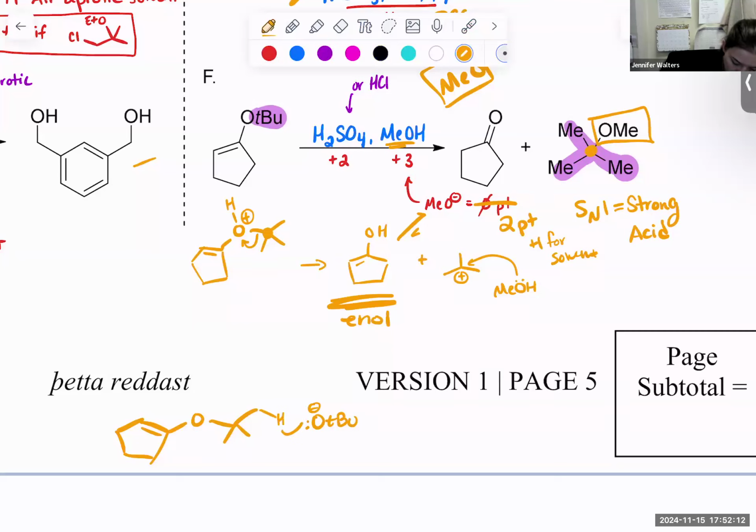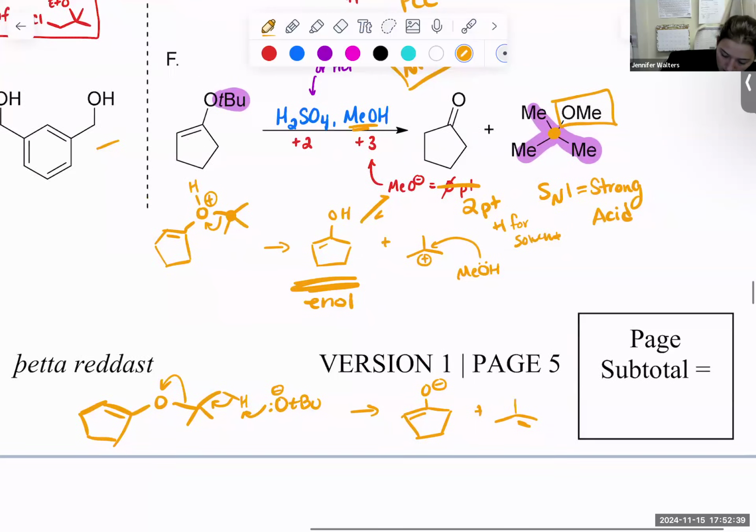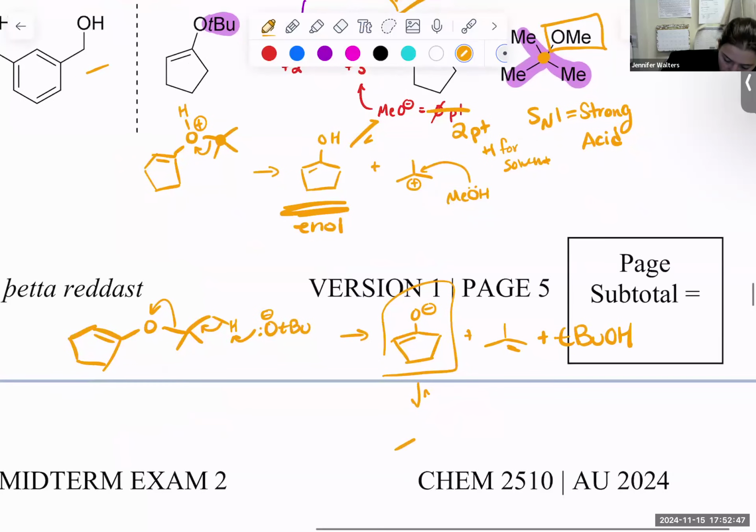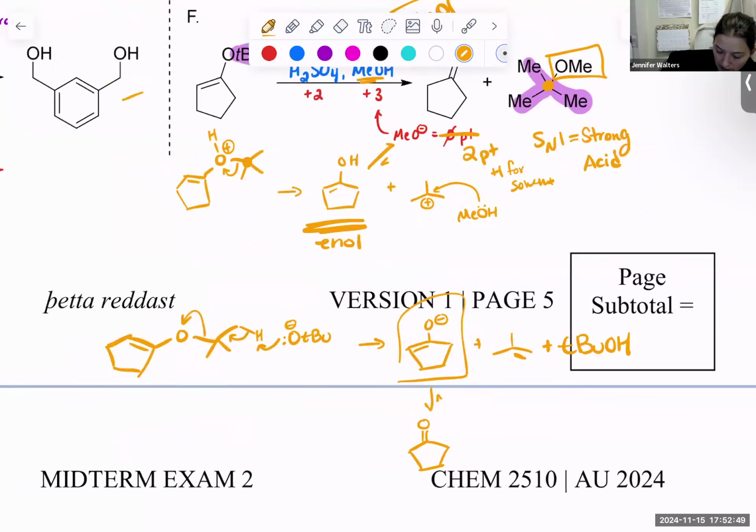So if I take this proton, then that would make our enolate, which is that alkene with the oxygen on it, which would have been an alcohol, but it has a negative charge, so it's enolate, plus our Hofmann product, alkene, plus tert-butanol. So this, again, readily tautomerizes. It just directly becomes the ketone. So that took care of the one product.